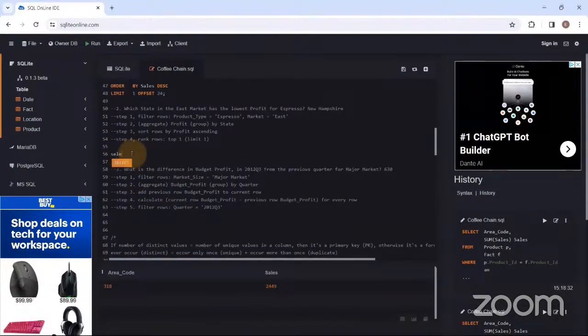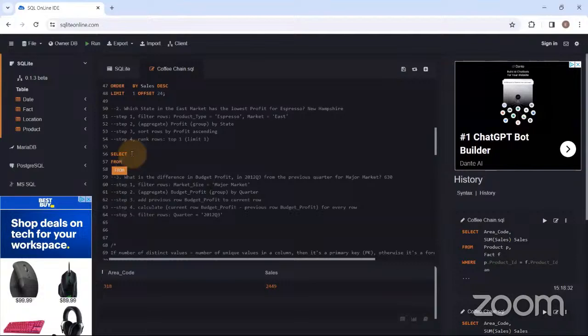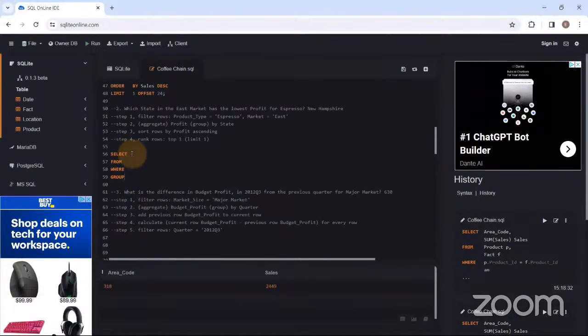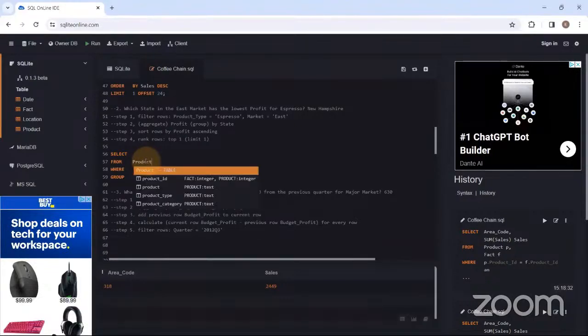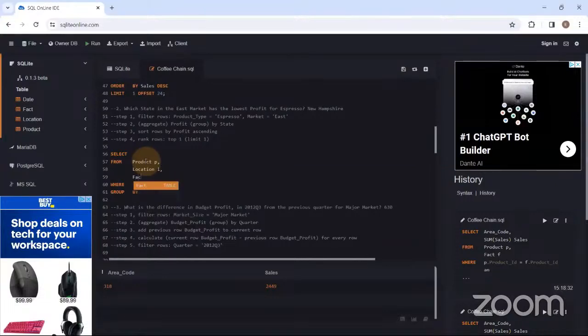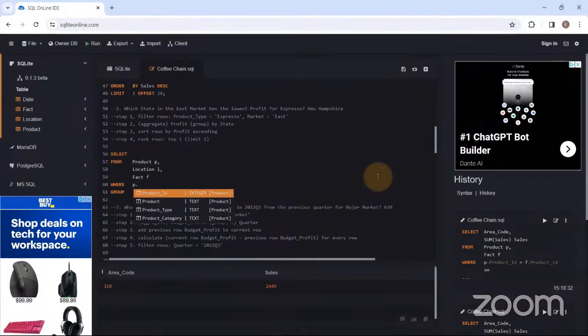Question 2, type basic SQL. I need 3 tables. Product is P. Location is L. And fact is F. First condition joins product and fact on product ID.